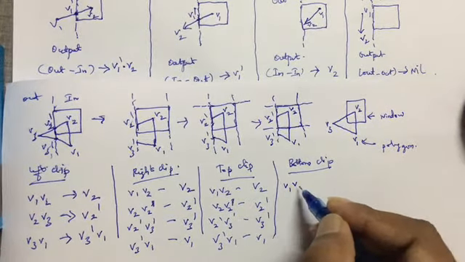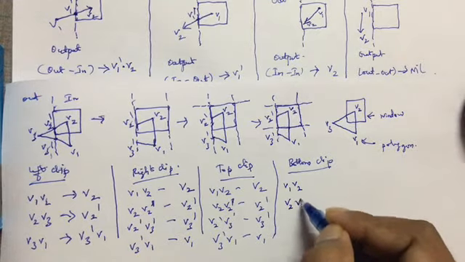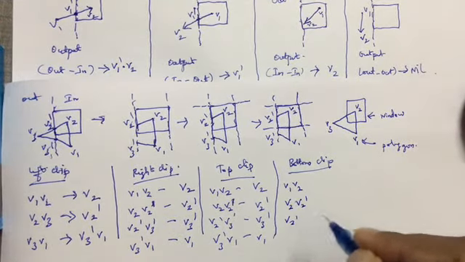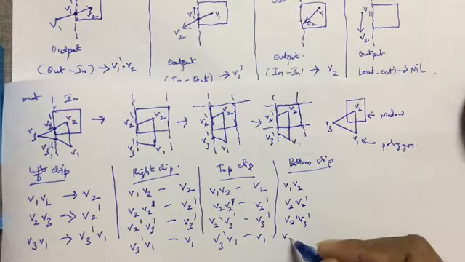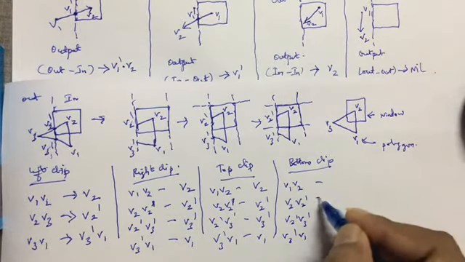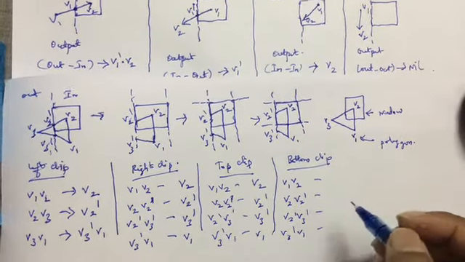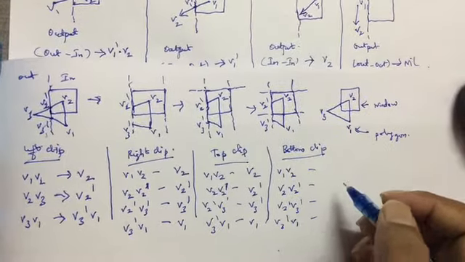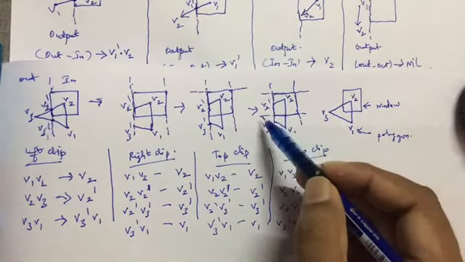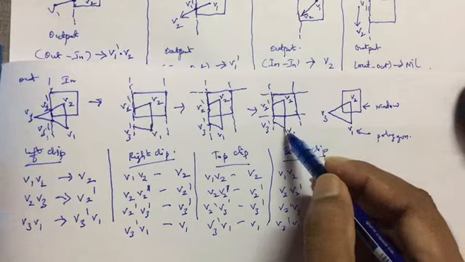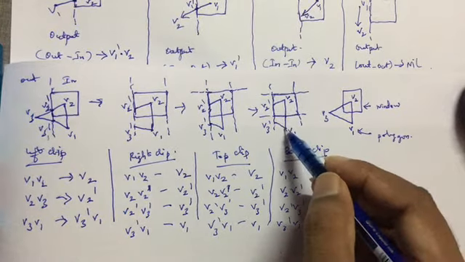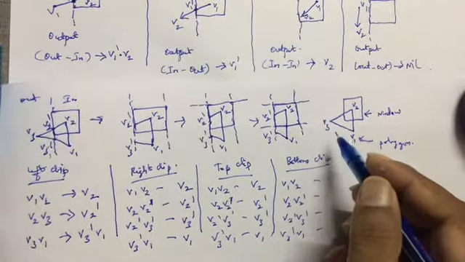So again V1, V2, V2, V2 dash, V2 dash, V3 dash, V3 dash, V1. In this case we have to consider the edges. See, bottom clipping from out position to in position.